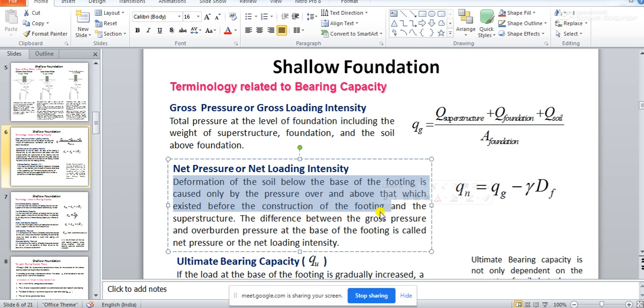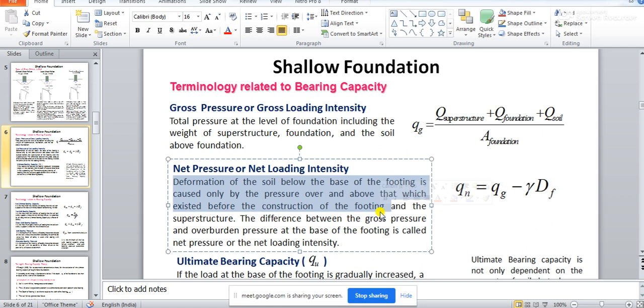So soil was already there inside. You excavated the soil, constructed the foundation, and put the soil back.